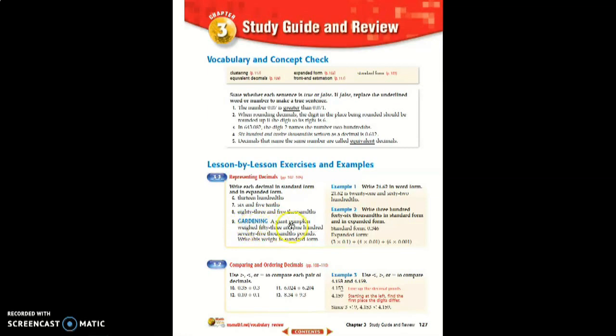Gardening. A giant pumpkin weighed 53 and 175 thousandths pounds. Write this weight in standard form.